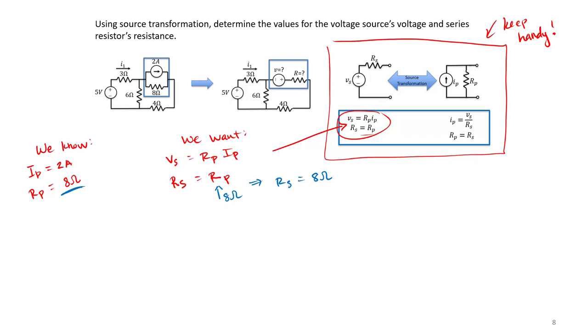And finally, Vs equals Rp IP. So Vs, we can plug and chug. We have our Rp value, which is 8 ohms, and our current, which is 2 amps. 8 ohms times 2 amps gives us Vs equal to 16 volts.